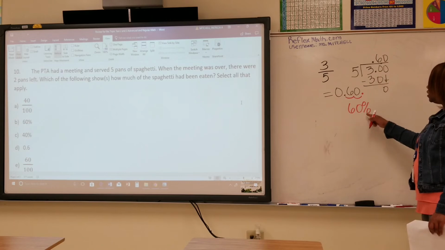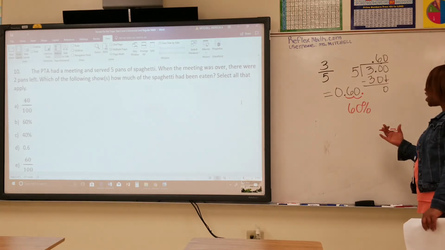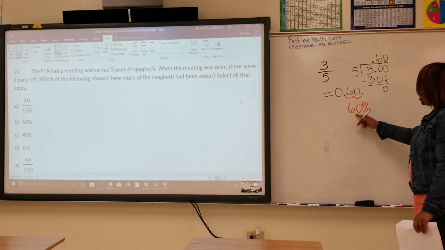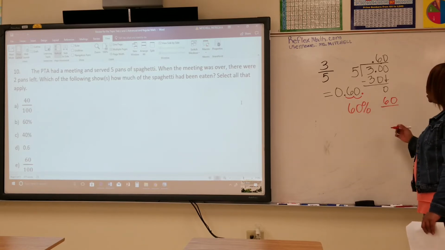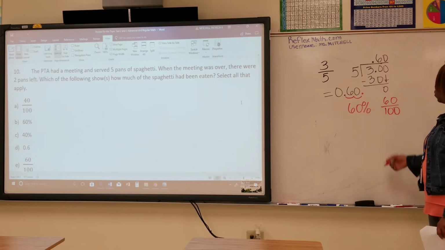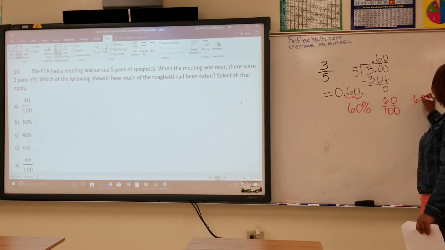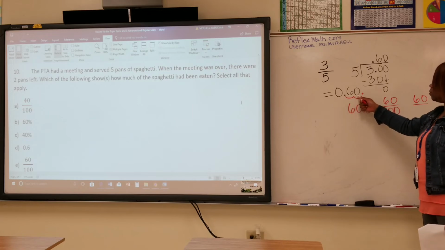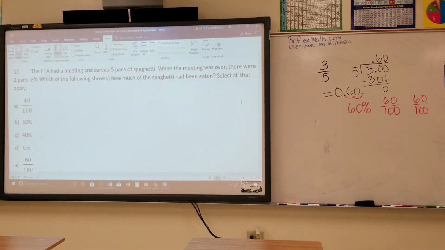And how do we turn a percent into a fraction? We take this number, 60, and all percents are out of 100. Or we can take this decimal, 60, and look at the place value, 100.